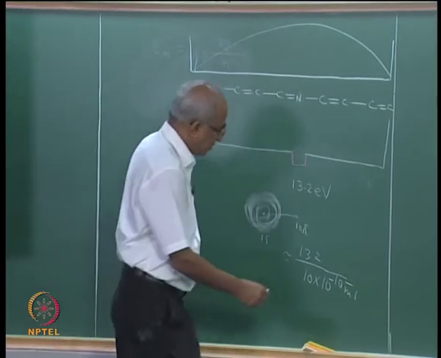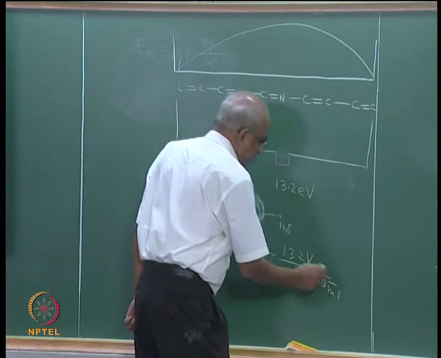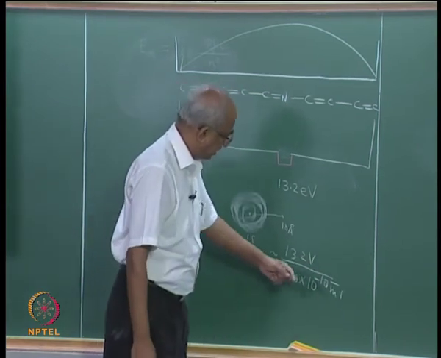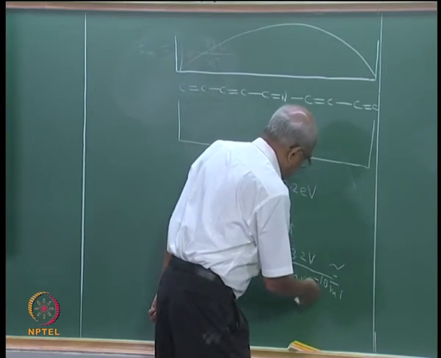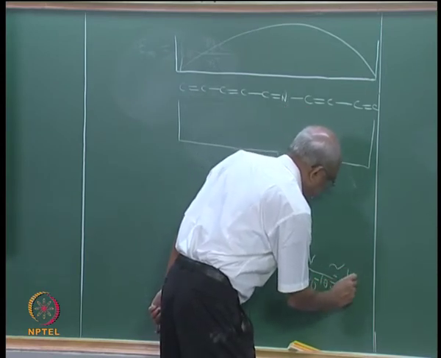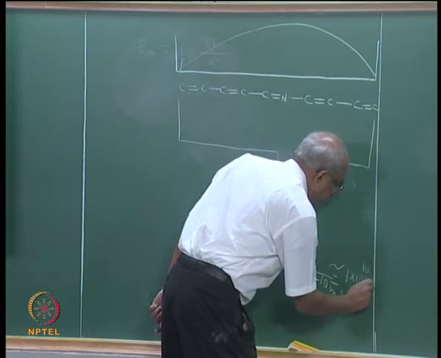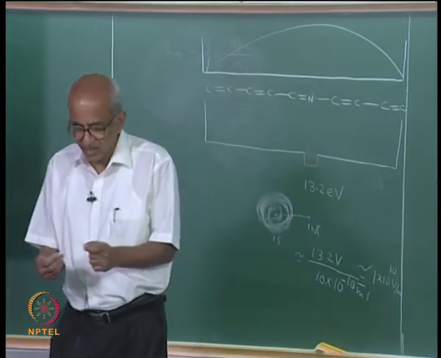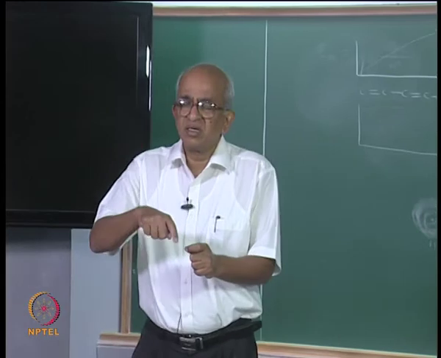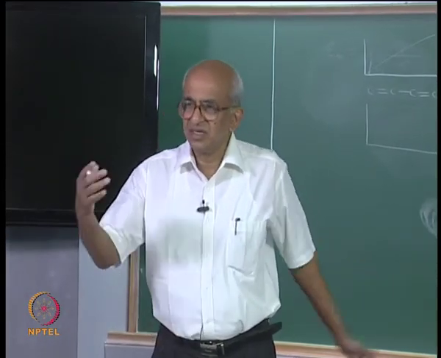So, roughly speaking, there should be something of the order of 10 to the power of 10 volts per meter. The electric field, I mean this is a very crude estimate to give you an idea. The electron near the proton actually feels an electric field of the order of roughly 10 to the power of 10 volts per meter.